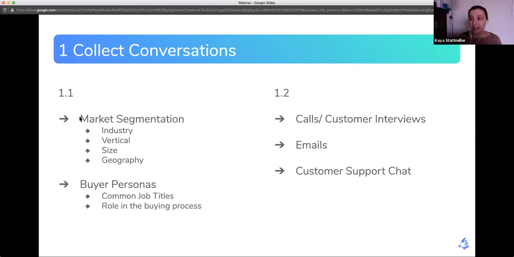Then the size of the company also matters, because that directly correlates to the buyer persona and the responsibilities of the buyer personas. In smaller companies, a person could have more responsibilities. In bigger companies, the person has fewer responsibilities and a bunch of people who do things for them.